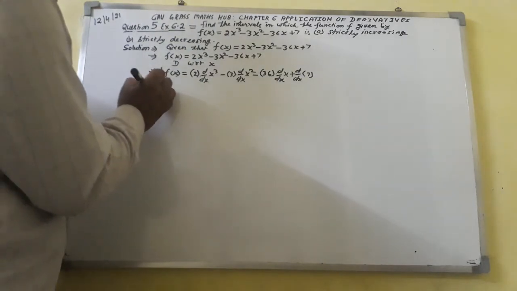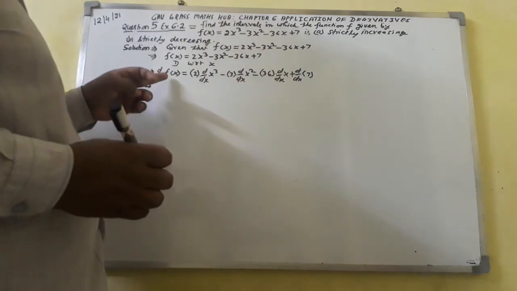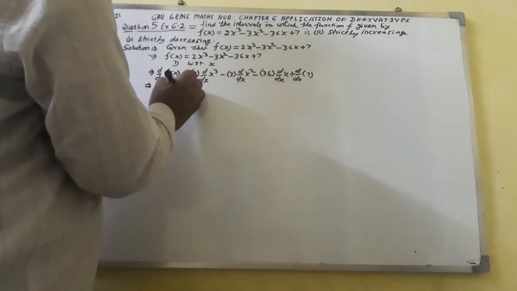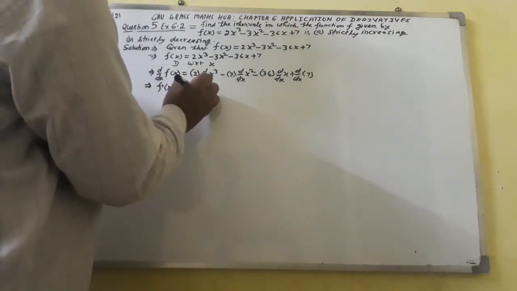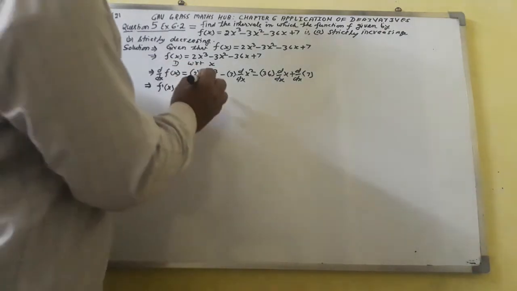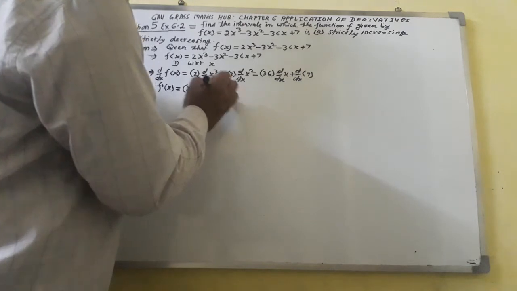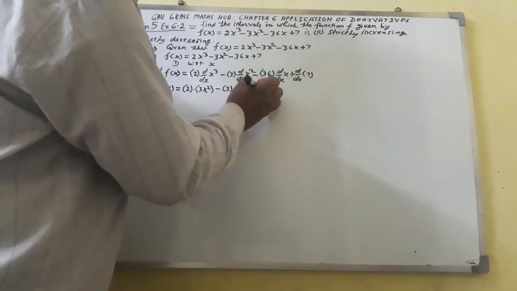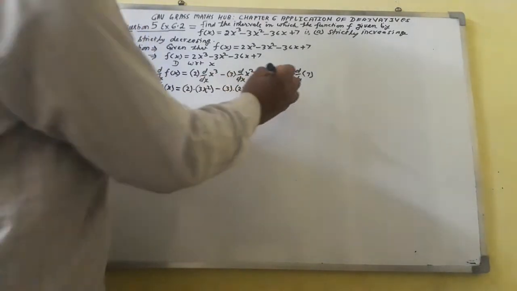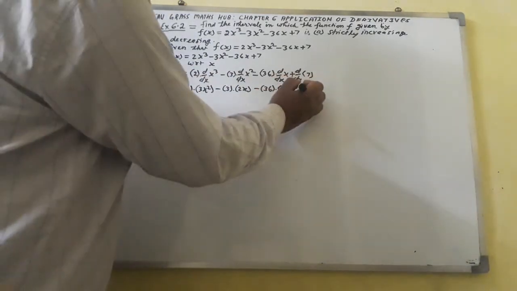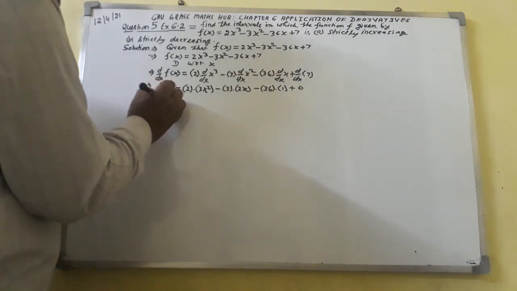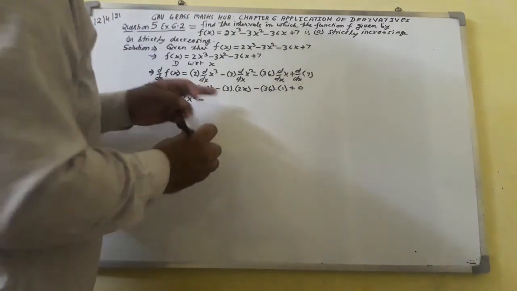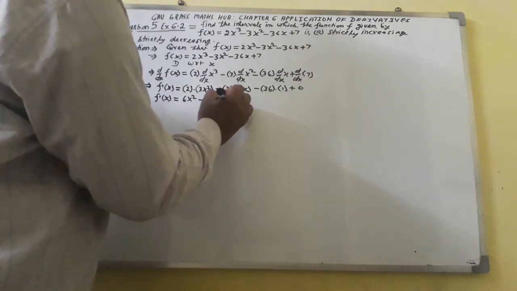Here we shall get d over dx of f of x, which is f dash of x, equal to 2 times d over dx of x cube, which is 3x square, minus 3 times d over dx of x square, which is 2x, minus 36 times d over dx of x, which is 1, plus d over dx of 7, which is 0. So f dash of x equals 6x square minus 6x minus 36.